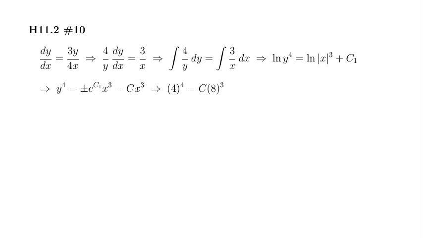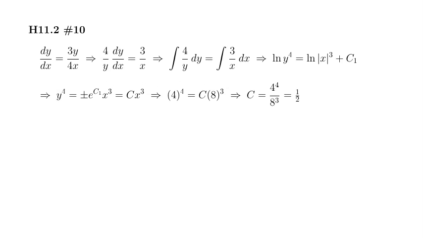If you divide through by 8 cubed on both sides, you get the c value. So c is 4 to the 4th power over 8 cubed, which simplifies to 1/2.